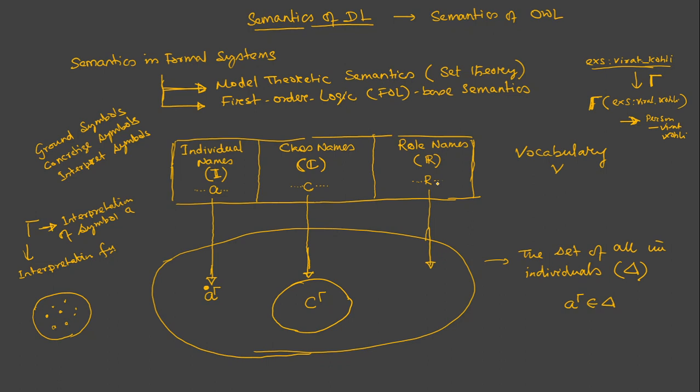And finally we have R, right? So R is the set of role names. So what would be the interpretation of R? Again it will be a set. The interpretation of R would also be a set. Now here we have got individual instances as members, right?